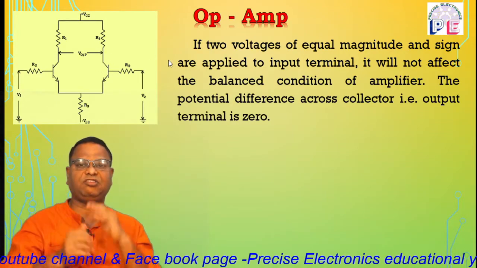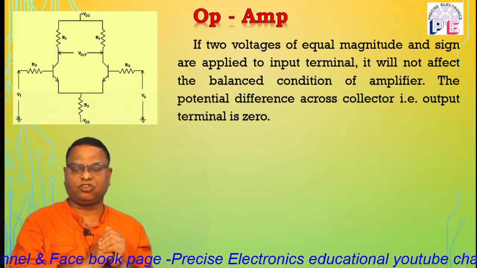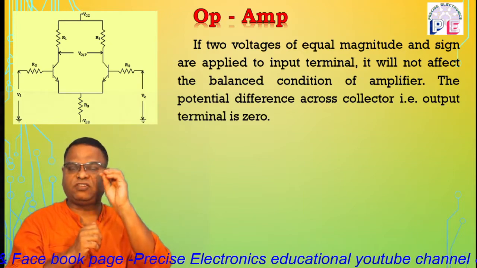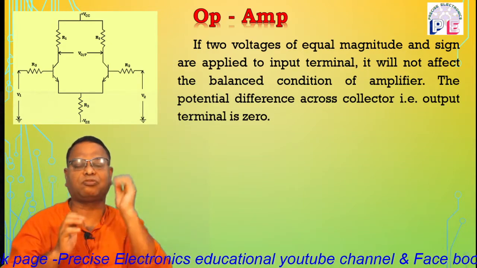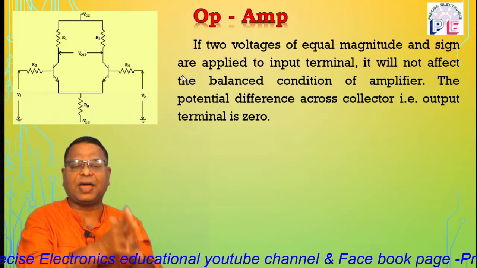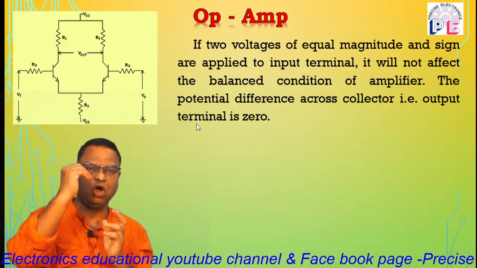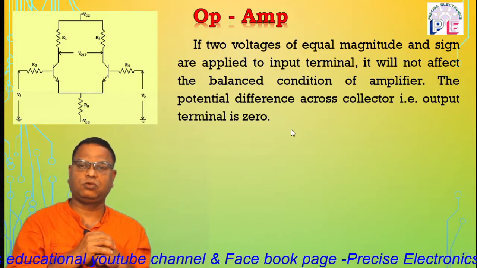That means IC1 is equal to IC2, and hence there will be no output potential. The output is 0, and this mode is the perfect balance mode. That means the amplifier is in perfect balance condition. The output potential across the output terminals is 0.